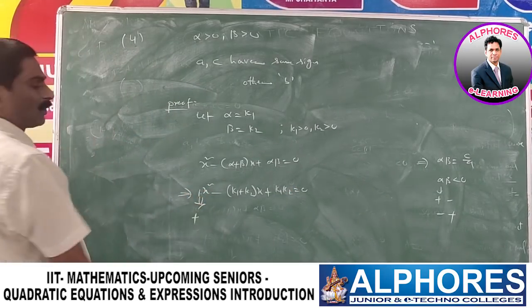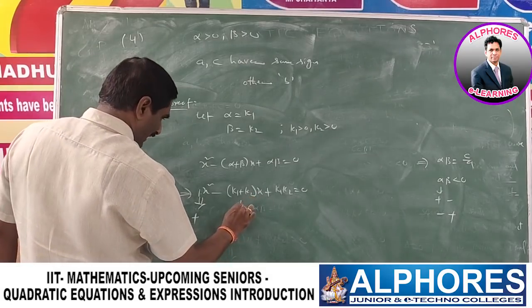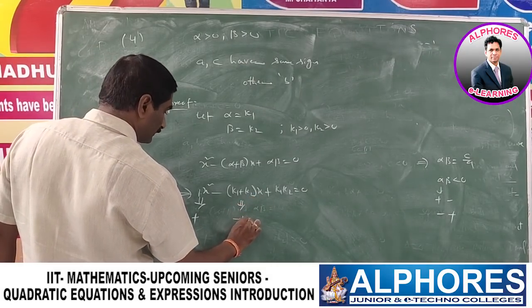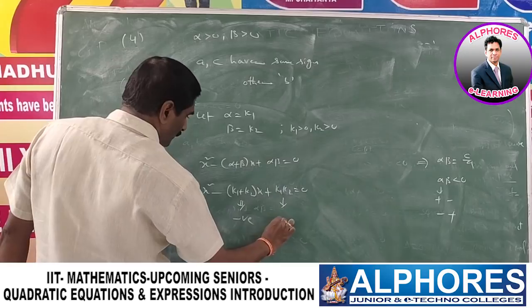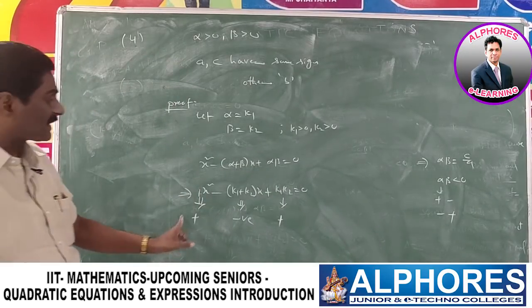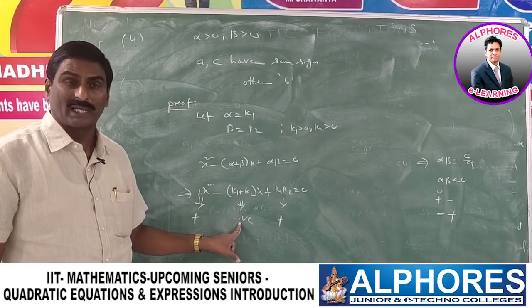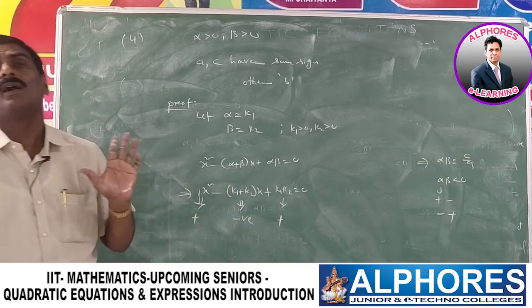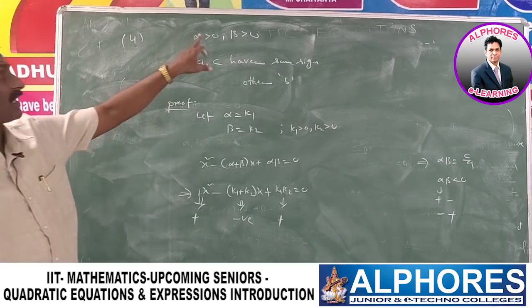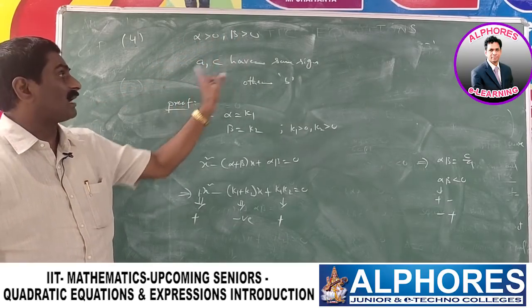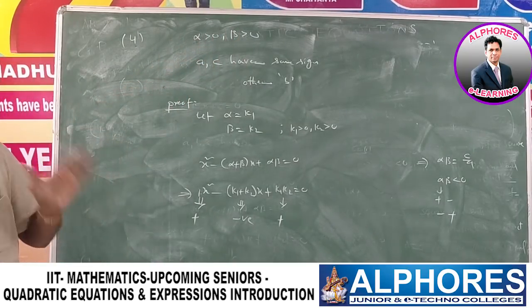Here the leading coefficient is positive, the x coefficient is negative, the constant term is positive. A, c have the same sign, positive, and b has the negative sign. When both roots are positive, then a, c have the same sign, other than the sign of b.